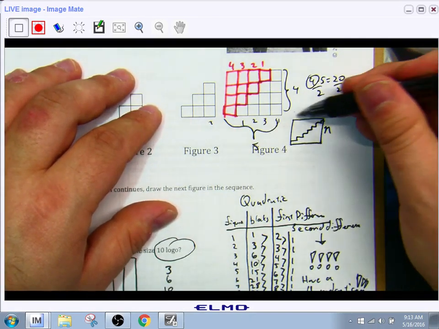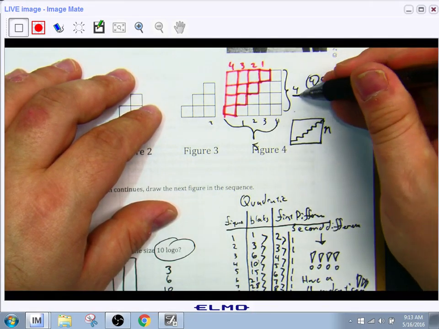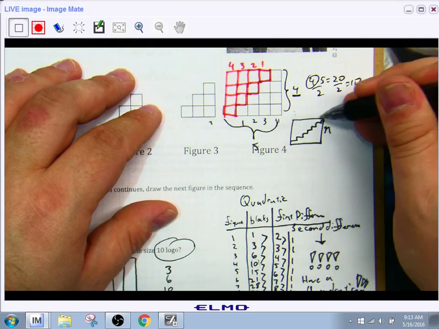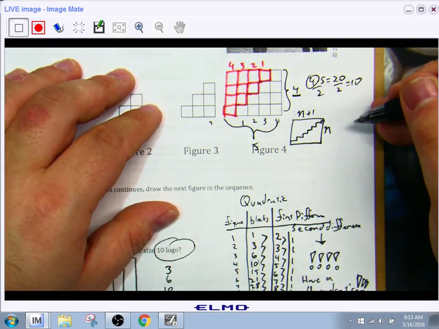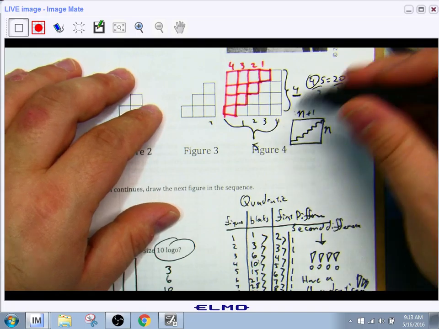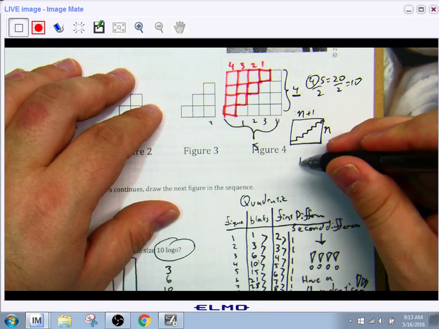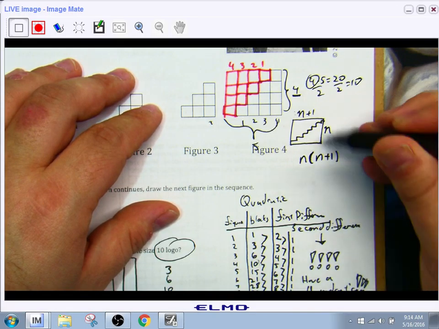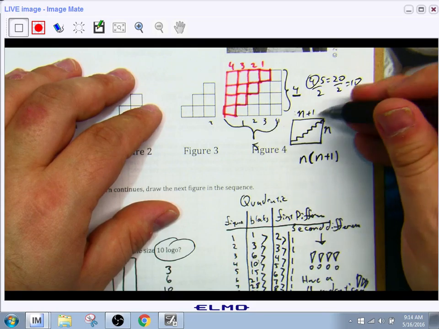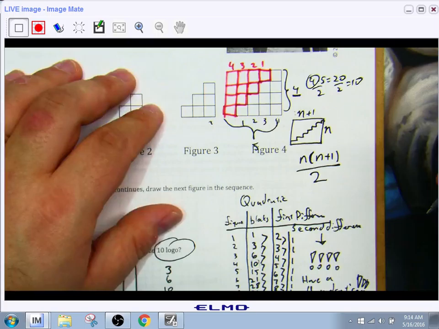How long is my length going to be? If this is n, and this was 4, how long is my length here going to be? N plus 1. Absolutely. So I know that for any step number, my area is going to be n times n plus 1, because that's going to be my length times my width, but I'm going to divide it by 2 because I'm only interested in half of it. So that's one way of doing it.